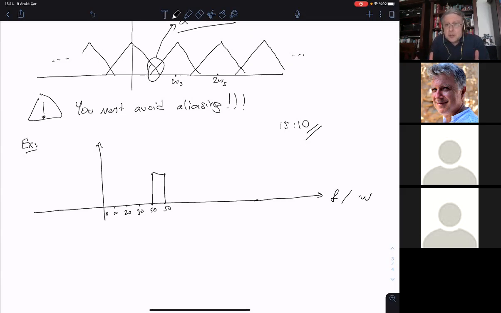Between 40 and 50, let's say hertz, there is a signal, and similarly, since it's corresponding to a real signal, we also have its conjugate parts here. It's not really flat, but I'm trying to emphasize that the signal is contained between 40 and 50 hertz and minus 40 and minus 50 hertz, like this.